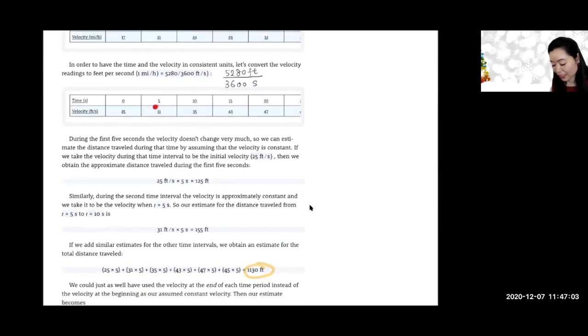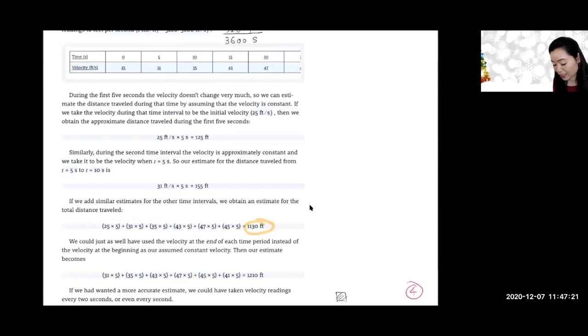You take the reading at the beginning of the time interval, 31 feet per second, and multiply by the time interval, which is 5 seconds. And continue this way. You can sum up the estimate for the distance traveled in each sub-time interval, and it turned out to be 1,130 feet.